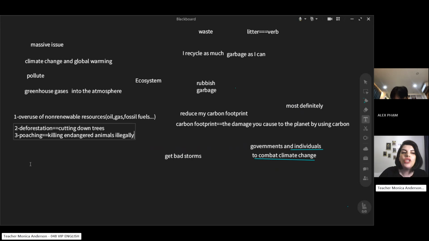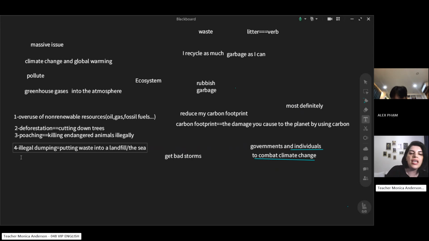And you mentioned this one is really important, illegal dumping. So what is that? Illegal dumping is putting waste into a landfill or the sea without permission.